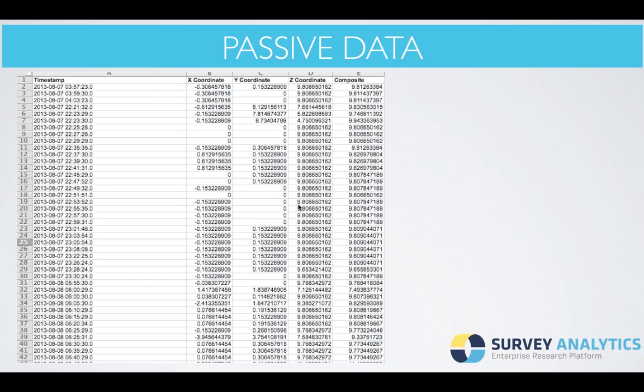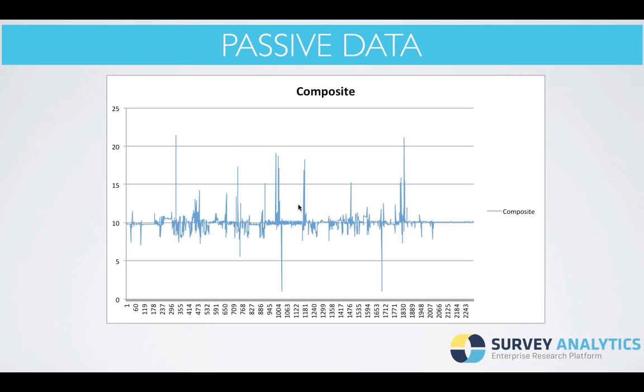On smartphones, they actually have three ways of measuring movement in three axes, X, Y, and Z. What we actually do to make it more manageable is we generate this composite score, which you'll see is the last column there, and that's an aggregation of all the other movements. So it gives you a single number, which gives you an idea of how much that phone has moved over the period of time. And in fact, this is one of our employees, and this is actually over several days.